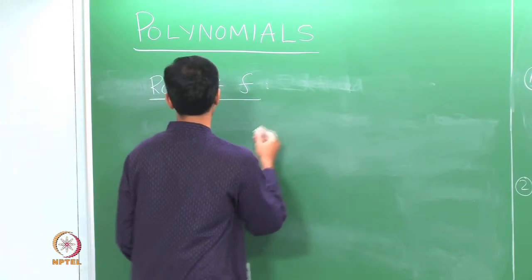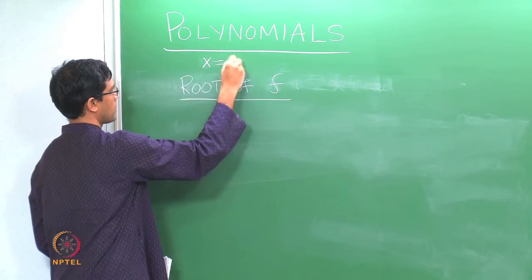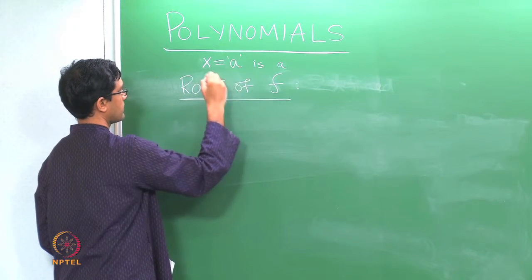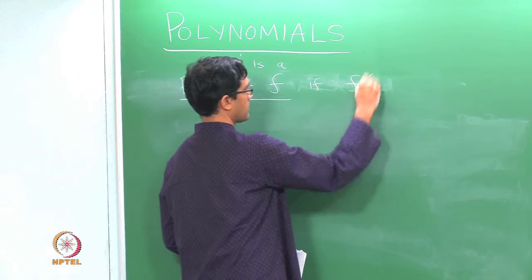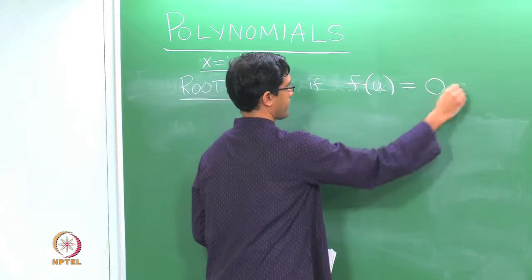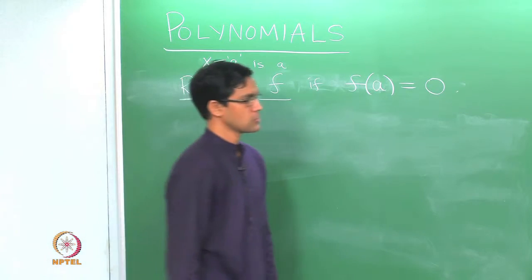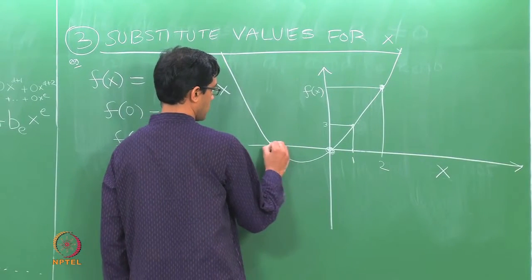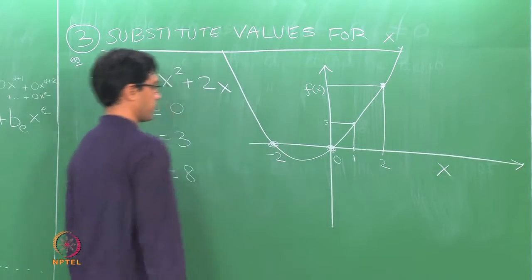So you say that x equals a is a root of f if, when you plug in the value a, the polynomial becomes 0. In this example there are two roots, two values at which the polynomial takes the value 0. One of them is of course 0 and the other is minus 2.